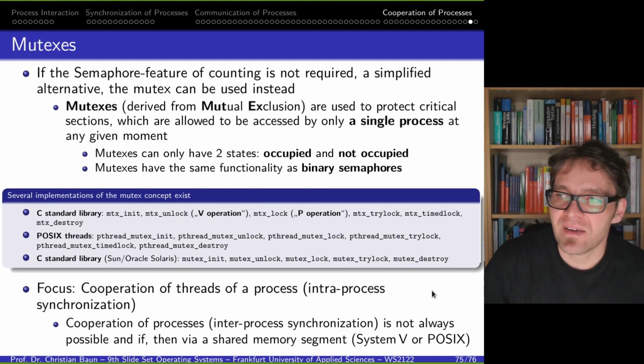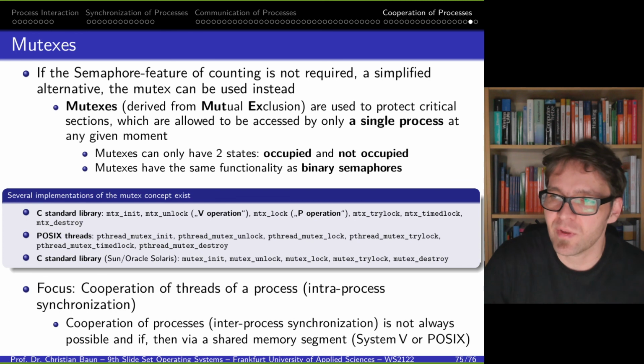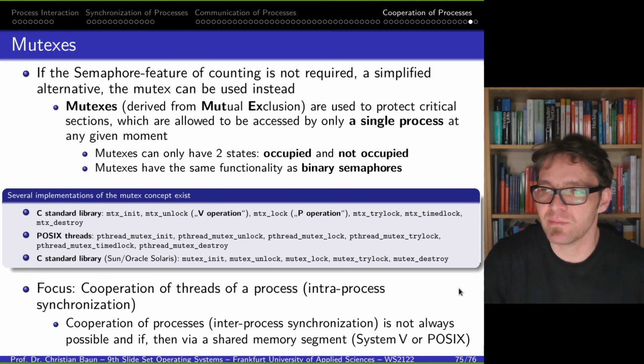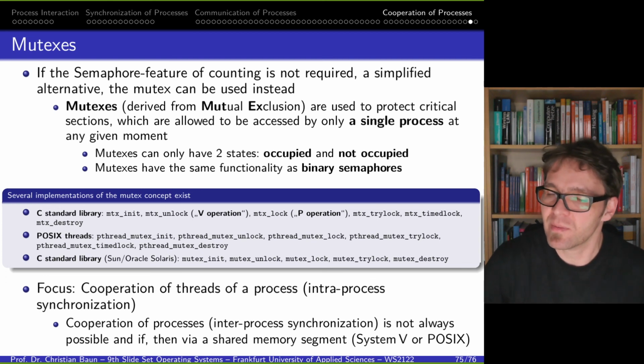Honestly, I never enjoyed using mutexes, and it was never really required for me. If I need a lock variable feature, I always use semaphores, and I'm happy with it. I don't like mixing concepts, and semaphores are just more flexible.